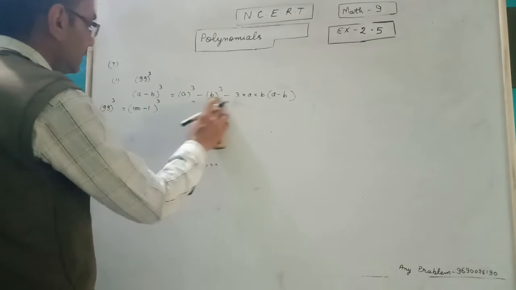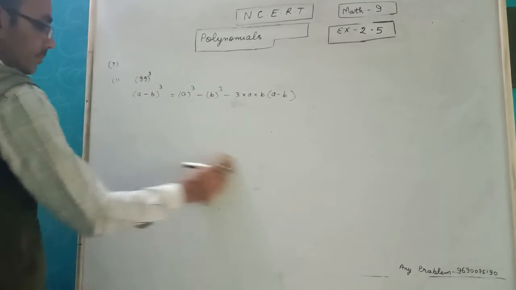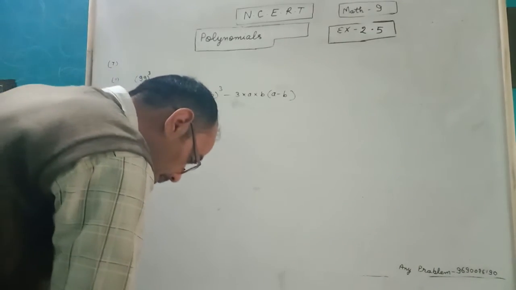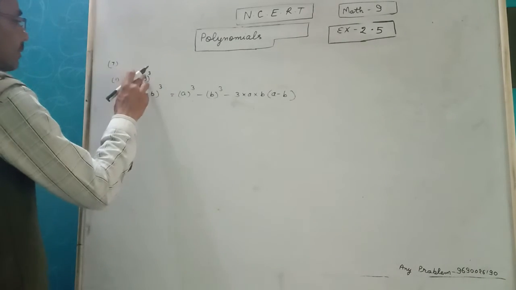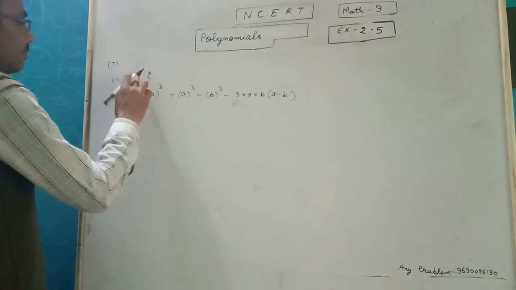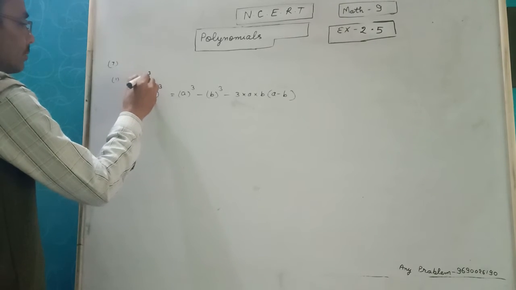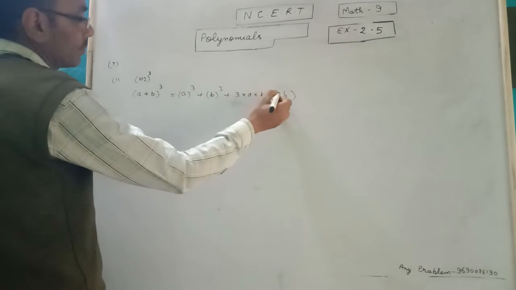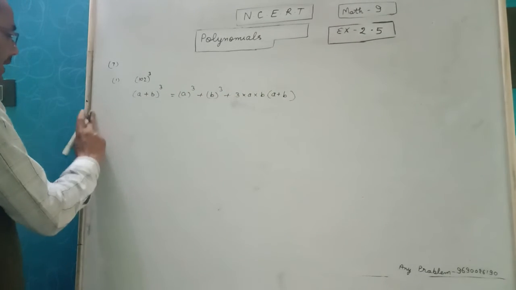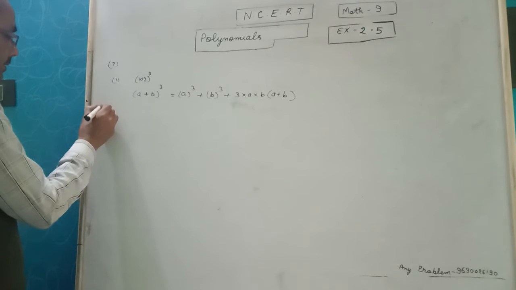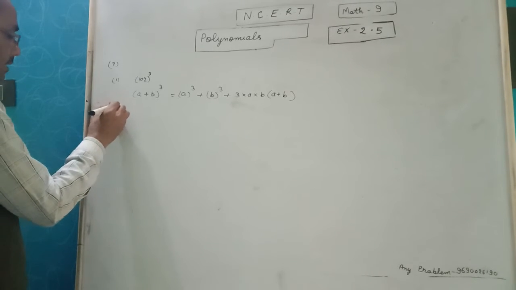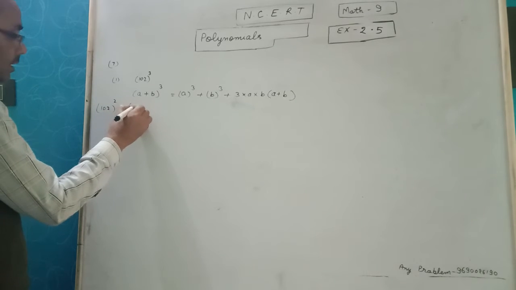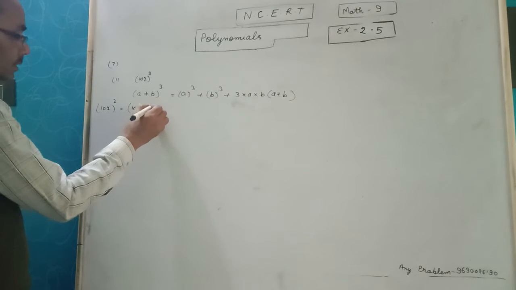Second part is 102. Write in the plus form. So 102 is equal to 100 plus 2.